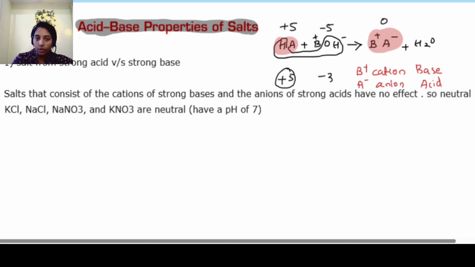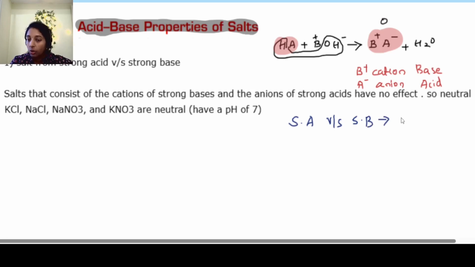When you think about a strong acid and a strong base, both have the same strength. Strong acid and strong base means 100% dissociation, always 100% dissociation. So you get the same strength of acid and base, but opposite to each other. Definitely you will get a neutral salt. So whenever a strong acid reacts with a strong base, you get a neutral salt.